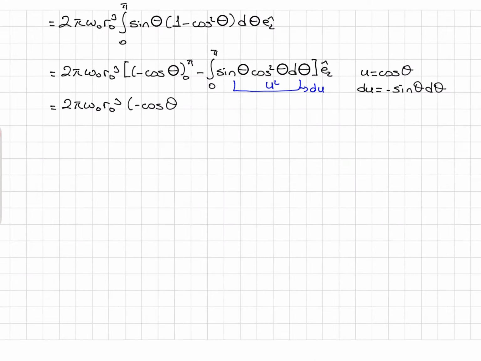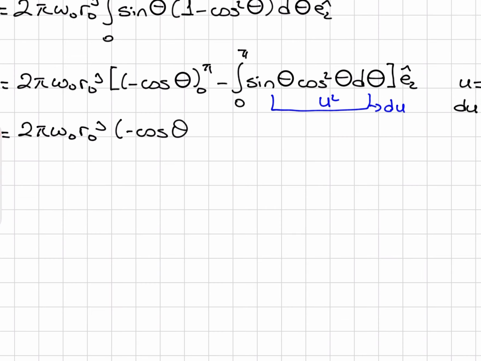Integral of u squared du is u cube over 3. So this is going to give me plus cosine cube theta over 3, which will be evaluated between 0 and pi in EZ hat direction.